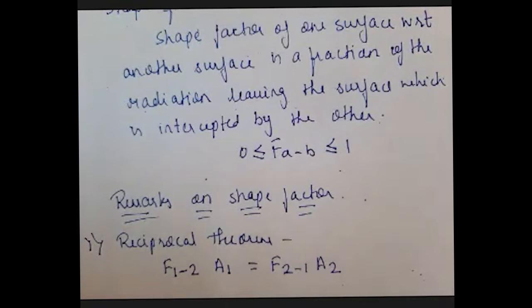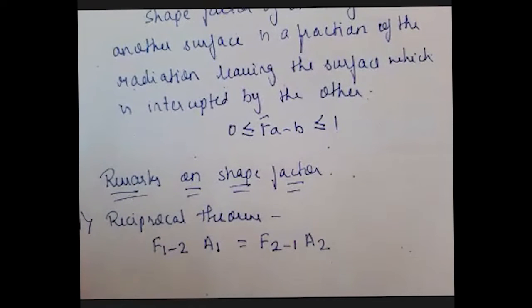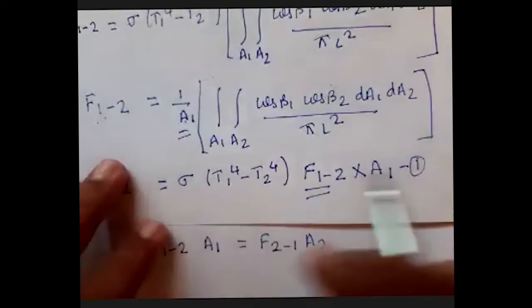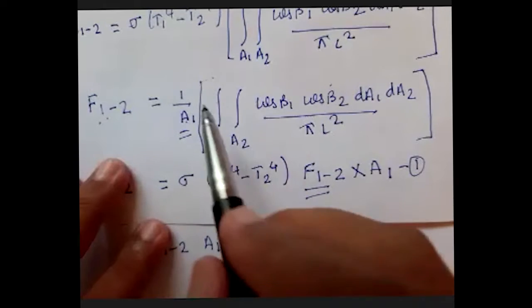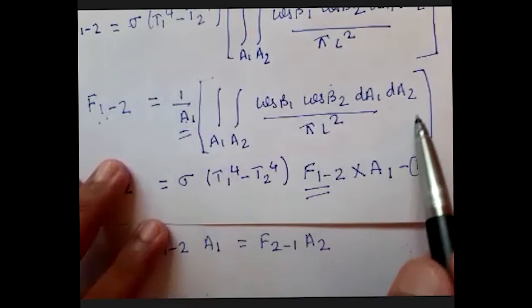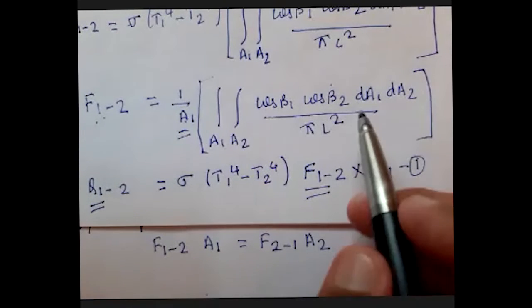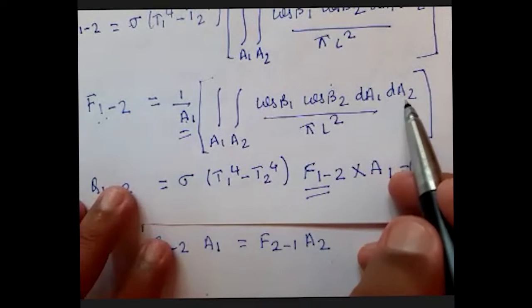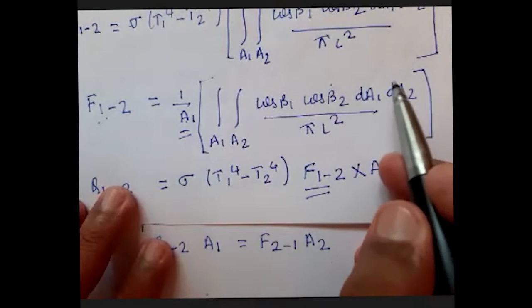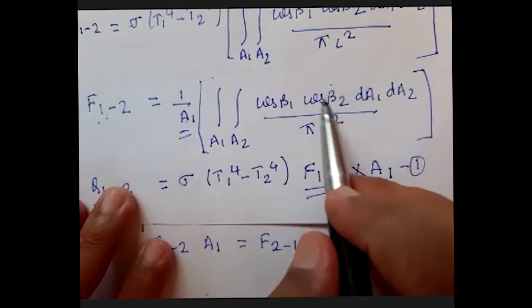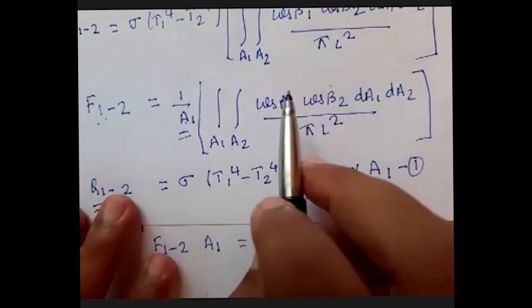And for these shape factors, it's not necessary to know the temperature, because whatever equations we are seeing, this shape factor only depends on the shape, the distance between the surfaces and the area of the surfaces, as well as the angle with respect to the normal.